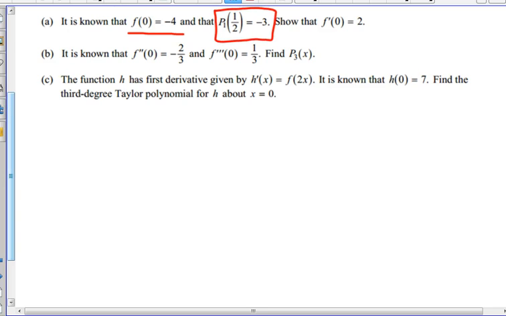Slightly strange that they give that to us like that. So when they put in x as a half into their first degree Taylor polynomial, they're getting out a value. So P1 of 1/2 is negative 3. And from that information, they would like us to show that the first derivative at 0 must be 2.